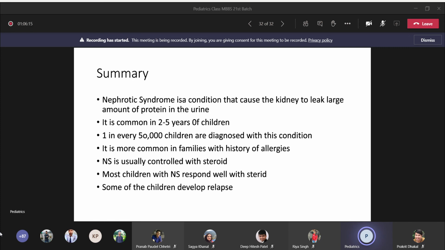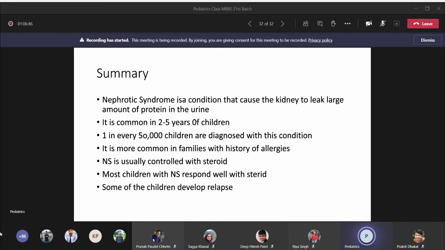Now come to the prognosis. Usually, if the child is suffering from minimal change nephrotic syndrome, the response to steroid is 90%. But in other types of nephrotic syndrome, like focal sclerosis, the response is only 20 to 30%. And membranoproliferative, it is also 30 to 40% only.